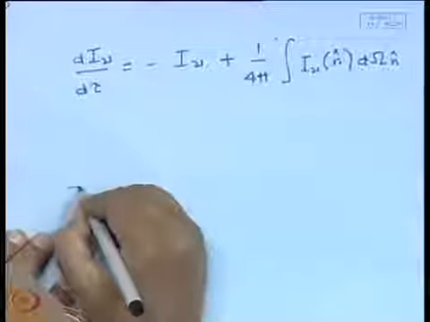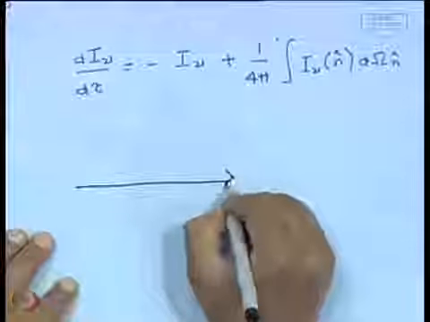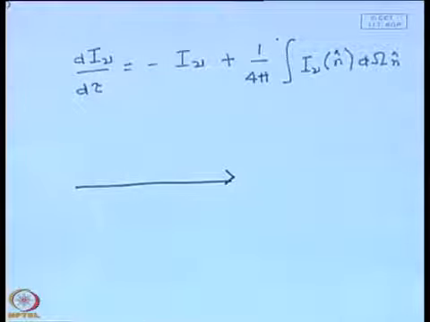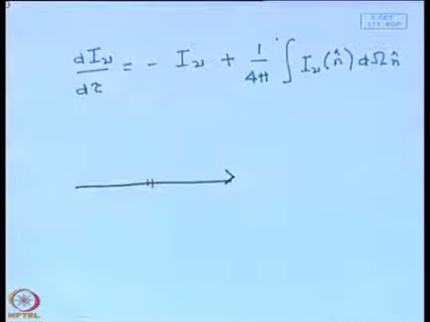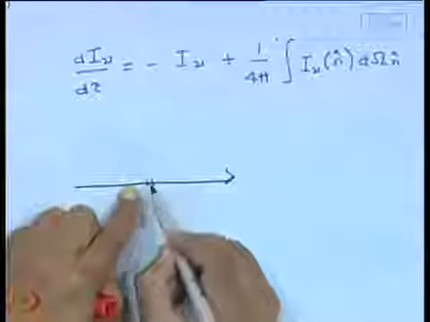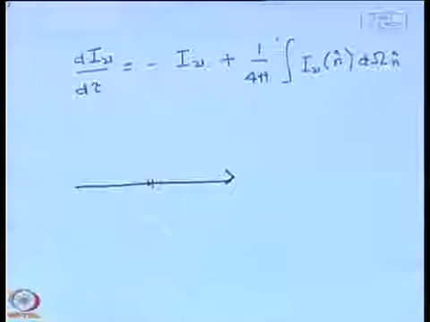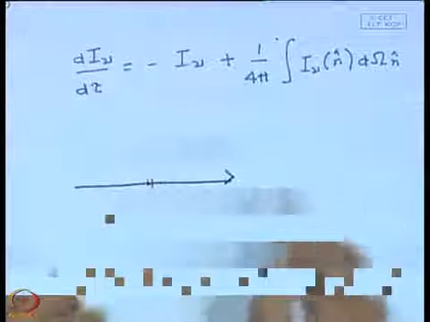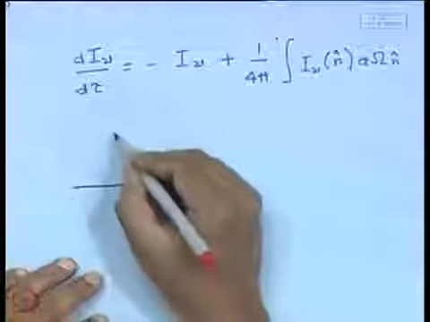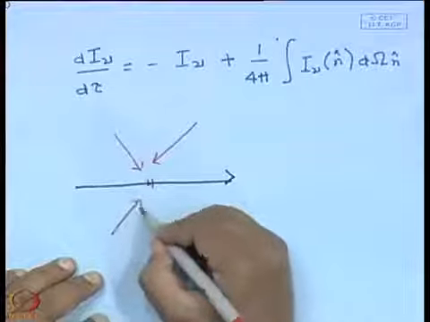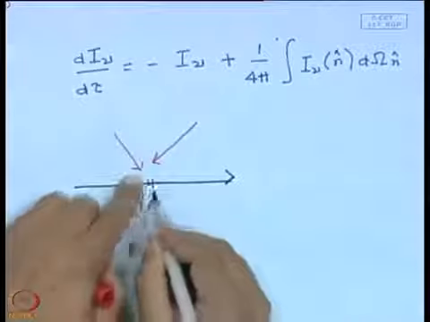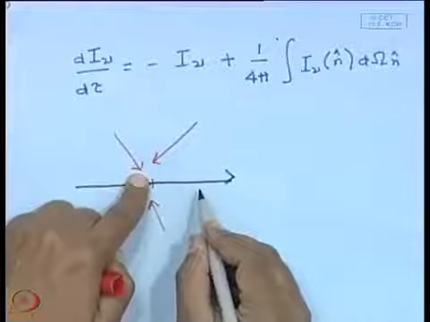Let us consider that I am trying to follow the evolution of the light along a particular ray, and I am looking at it at this point here, at this value of tau. Now, if I want to study what happens when I go from here to here, I need the specific intensity from all directions over here, because all of these can get scattered into this direction.